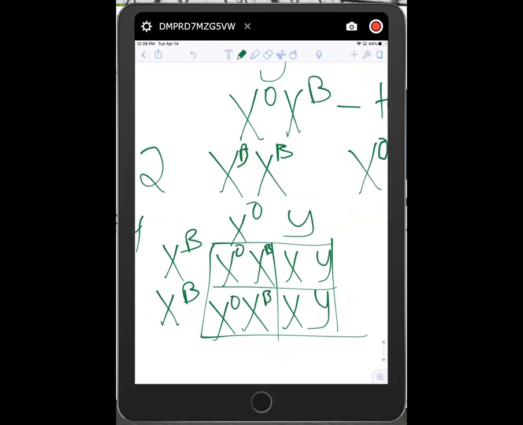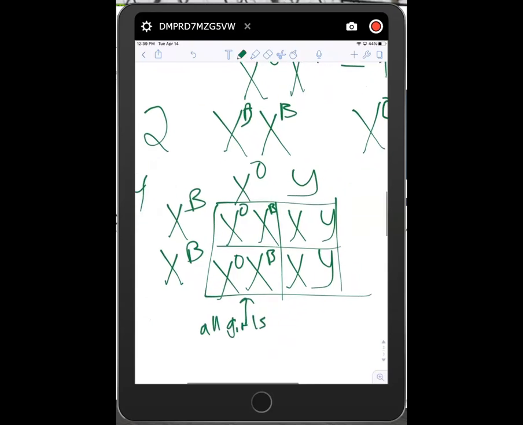So look, all the girls will be that beautiful calico or tortoiseshell color. And they're going to be heterozygous. All right, and then let's look at the boys. Well, we got the Y here and the B. So what color is that boy going to be? Black. And what's the other boy predicted to be? Black.